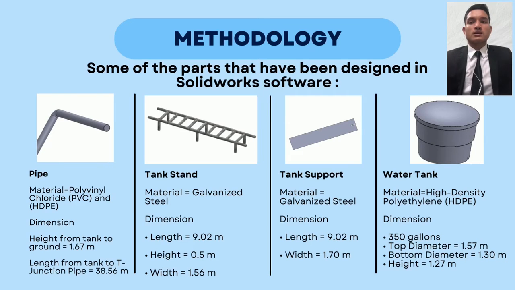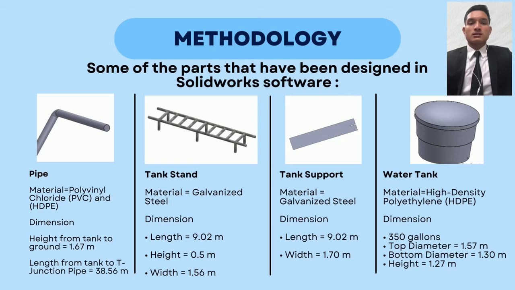As shown in the previous slides, the 2D drawing of project parameters has been designed using SolidWorks software. The 2D drawing of the actual measurement makes the 3D design and simulation process a lot easier.